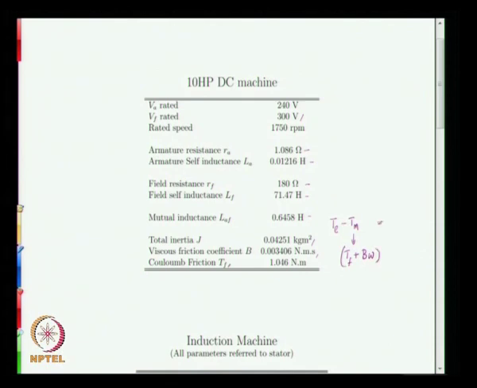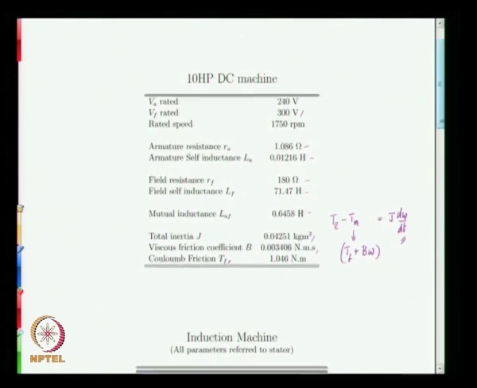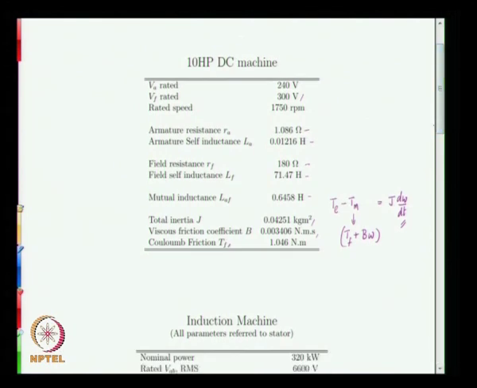Now this is the resultant accelerating torque, which is J d omega by dt. So this is what is going to be the mechanical equation. Remember, in all the assignments that we have done, the mechanical system also has to be modeled, because we are looking at speed changes, and speed changes can be modeled only through this mechanical system.